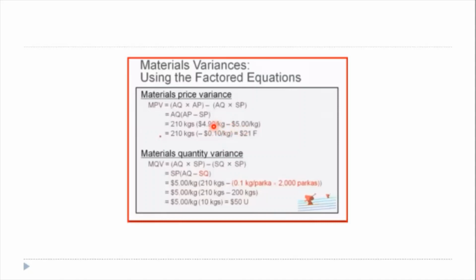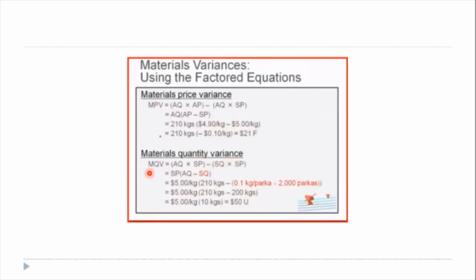Notice the actual is less, so it's favorable. 210 multiply by minus 0.10 is just $21 favorable. We don't put negative money, okay? You put the F to show that the actual is less.